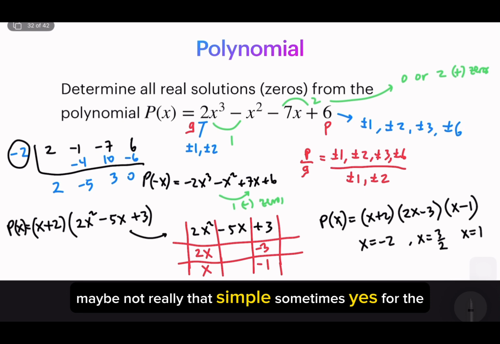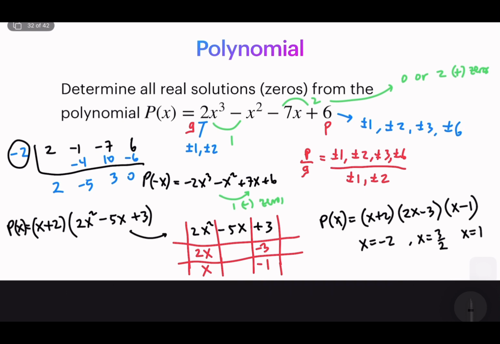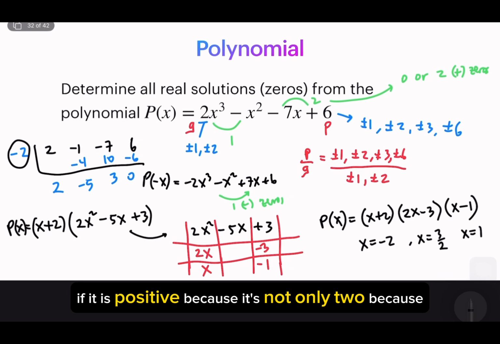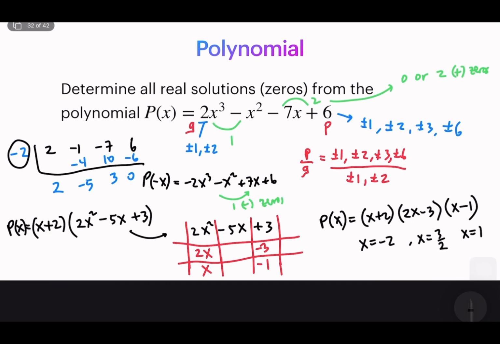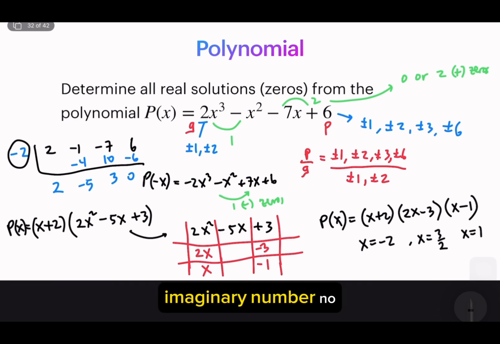Professor? Yes. For the part where we have to find the positive and negative zeros, if it is positive, it's going to be 0 or 2, because it's not only 2, because we can have imaginary numbers.